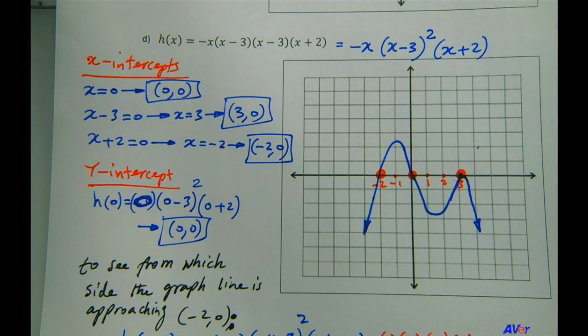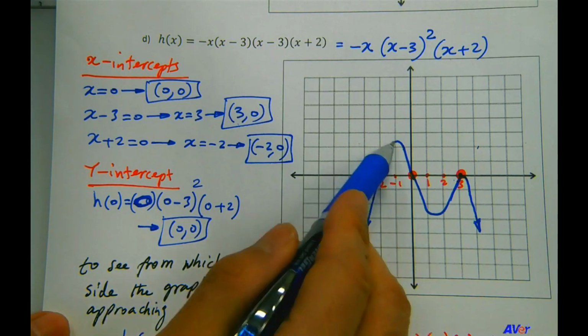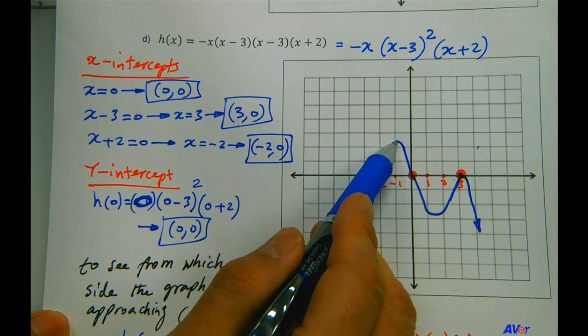So knowing that, what use does it have? Well, for a mathematician living 200, 300, 400 years ago, where they don't have access to technology, they could quickly identify this point as the absolute maximum.